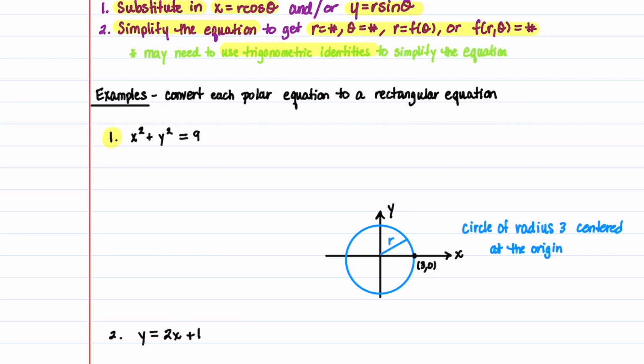The first equation that we'll look at is x squared plus y squared is equal to 9. This is the equation for a circle of radius 3 centered at the origin. Our first step is to substitute in x is equal to r cosine theta and y is equal to r sine theta.